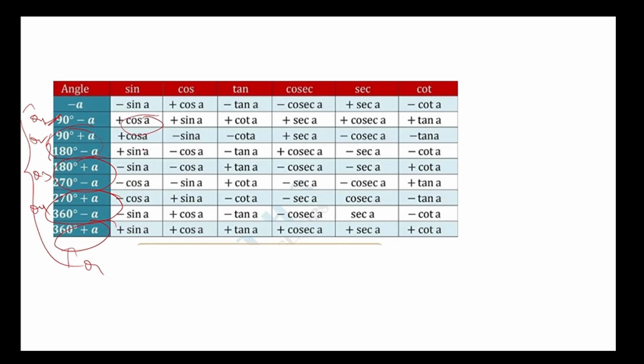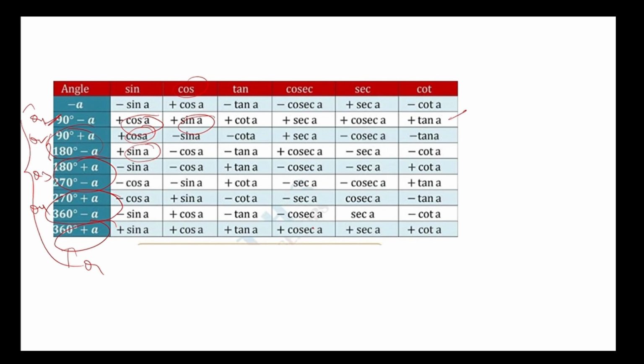Now you have to evaluate how the sine to cot terms will change. Sine is changed to cos, or cos is changed to sine. In some cases it is plus, in some cases it is minus. So how can you find all these values?